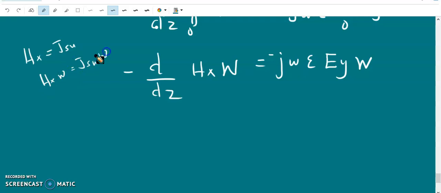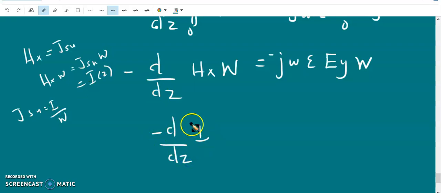Jsu is the surface current density, current per unit length in a direction perpendicular to the flow of current. So, Jsu is actually I by w. Jsu into w gives I. So, this is nothing but d by dz of I of z is equal to minus j omega epsilon.